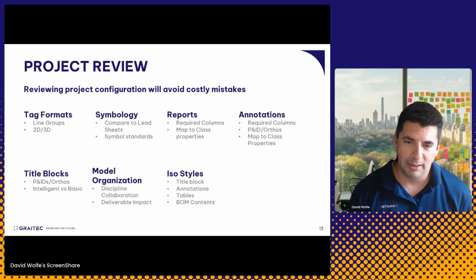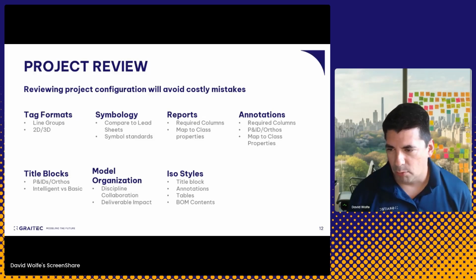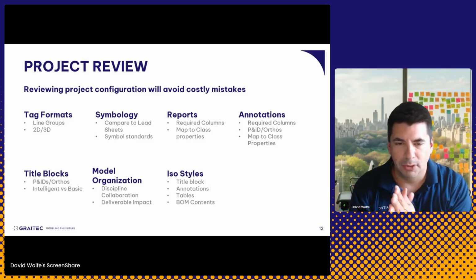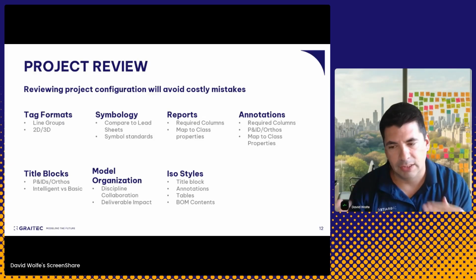And we're also looking at annotation. So how do I put things on drawings that are going to show up also in reports? Obviously title blocks, organizing models. Some companies organize by area, by like a 3-dimensional box. Some companies organize by putting all their services in a single model. Some companies give each line number its own model.